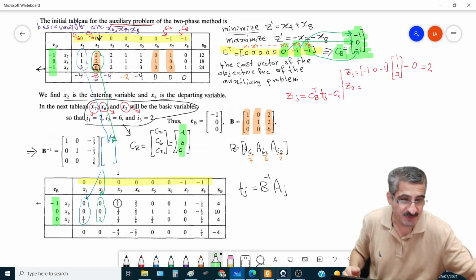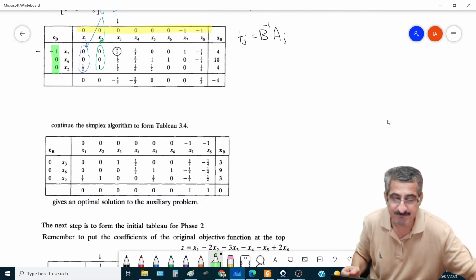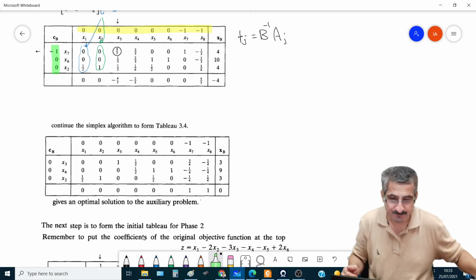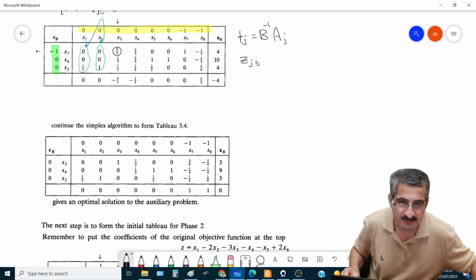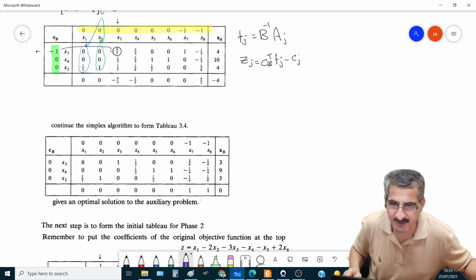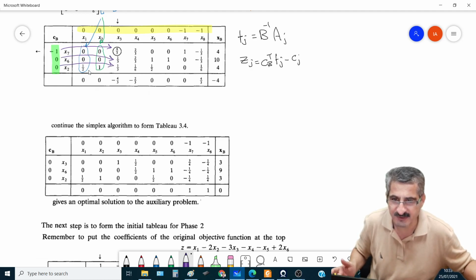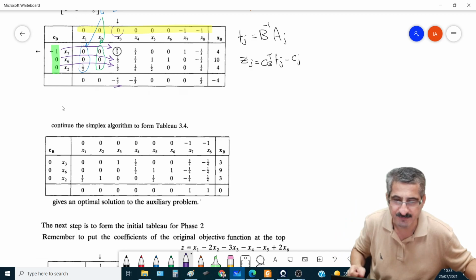Now, we will compute the entries in the objective row in a very similar way. So for example, again here, Zj equals, what was that? CB transpose Tj minus Cj. If I want to compute this, I multiply this by this, this by that, and this by this. What do I get? -4/3. And then I subtract the 0 from here, then I get 4/3.